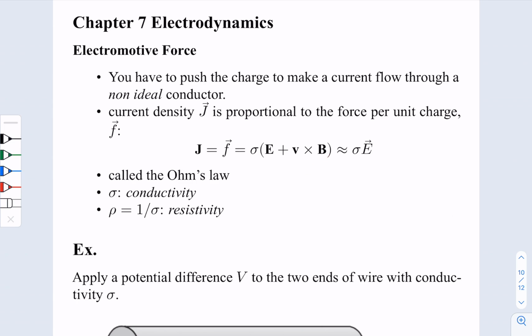But typically the velocity of the charge is small, and according to the homework, the force produced by the magnetic field is negligible compared to the electric force. So that's why we get Ohm's law as the current J equals the conductivity times the electric field E. And then 1 over the conductivity is the resistivity that you are familiar with in Physics 2041.